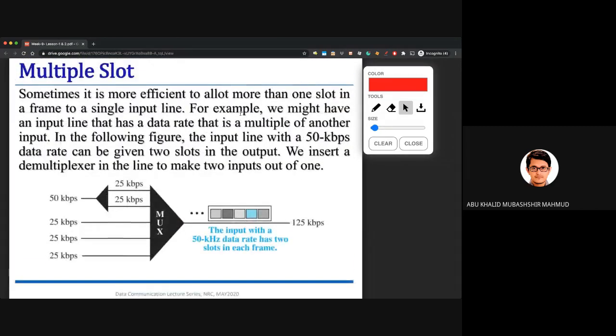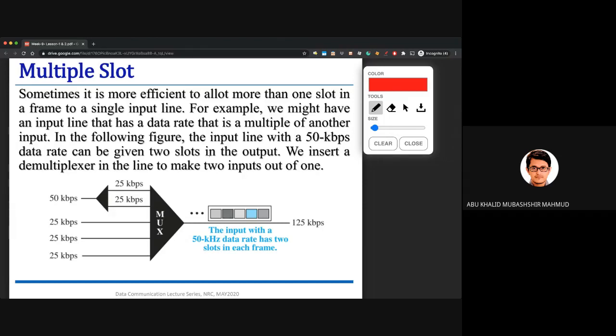So this is the multislot concept of multiplexing. What happens here is that we were concerned with lower speed and faster speed before.